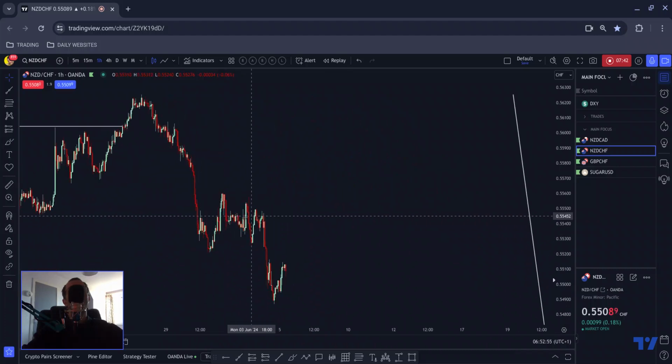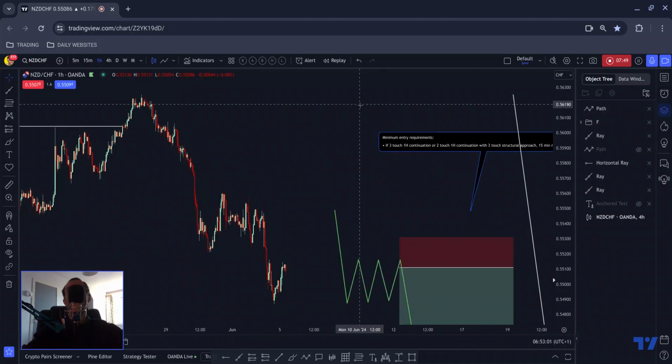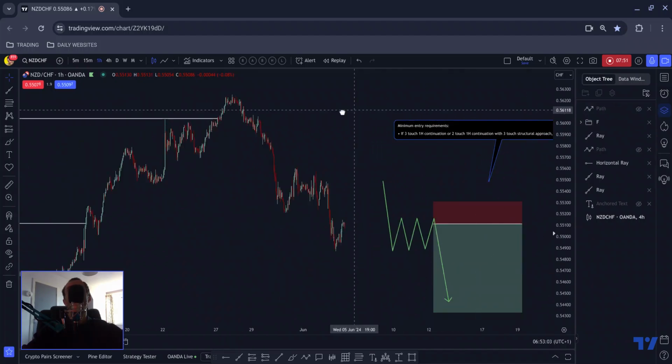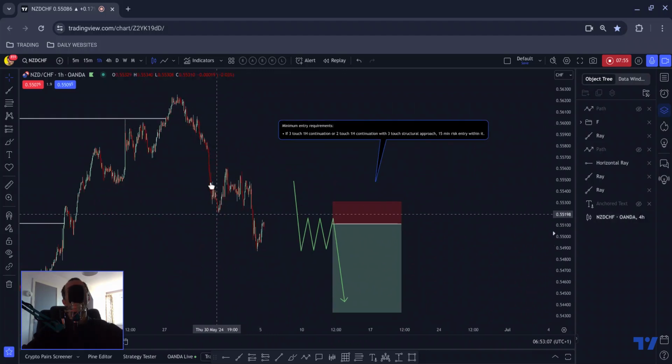So what I'll be looking for, and this is starting to do what I was anticipating last night, because of how big this drop has been, and there's been several corrections as well, I'll only be looking for a risk entry within the flag.